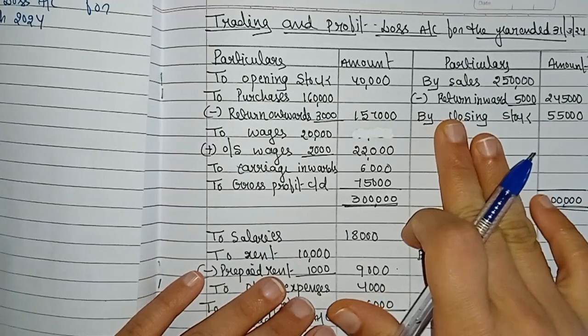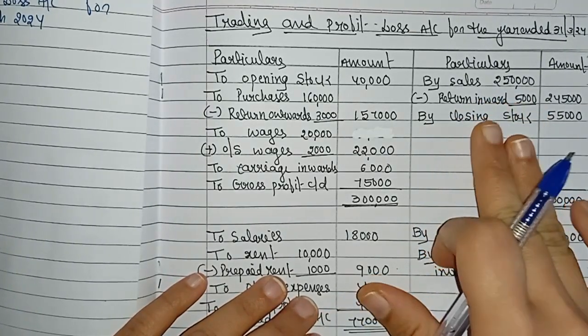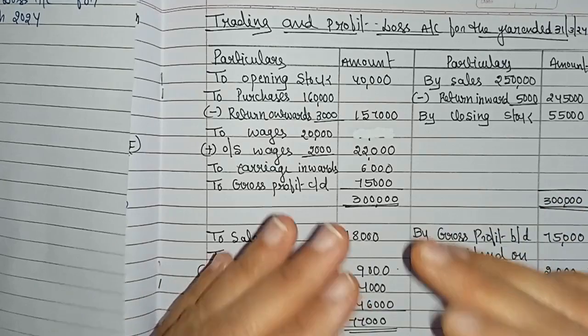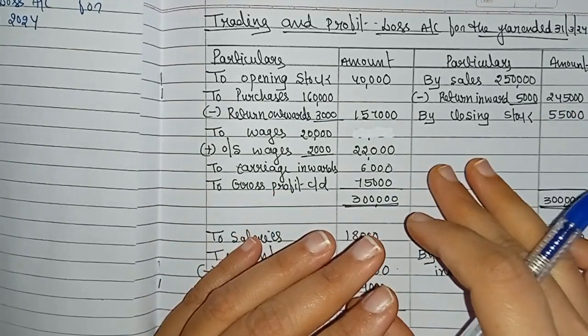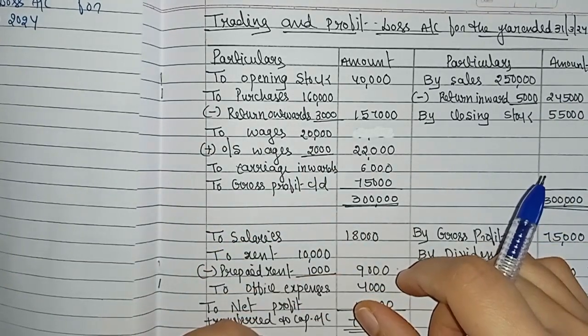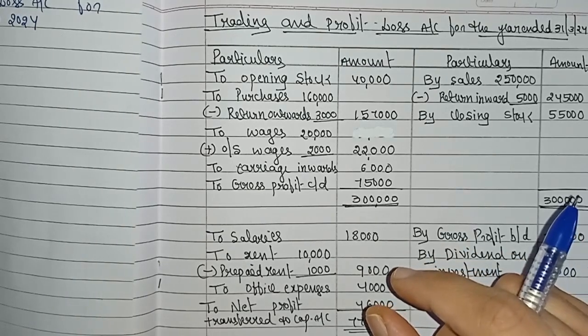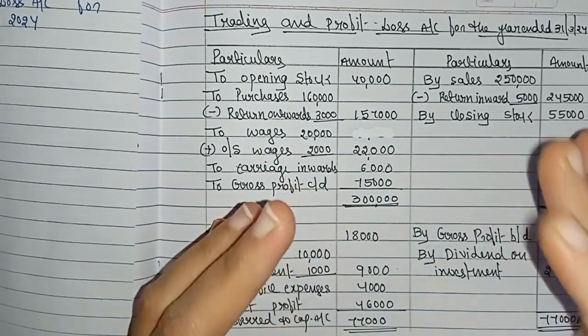So it is also called sales returns. Now, why do we deduct return inwards from sales? Because those sales are not final sales. We did not earn income from returned goods, right? So we will not receive money for them. So they will not remain as sold.